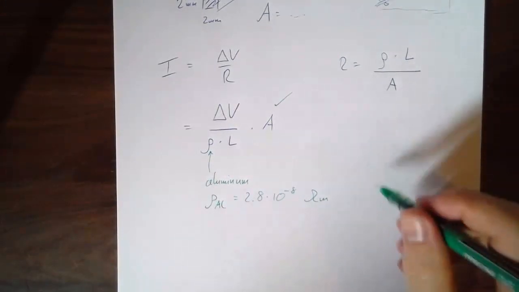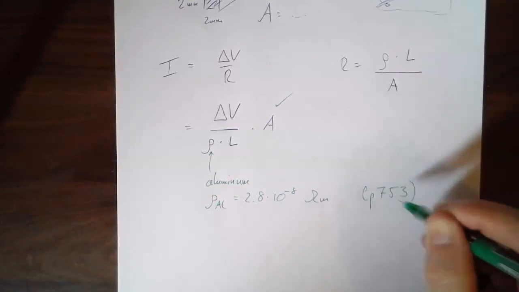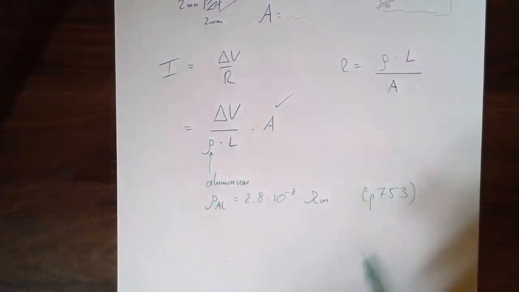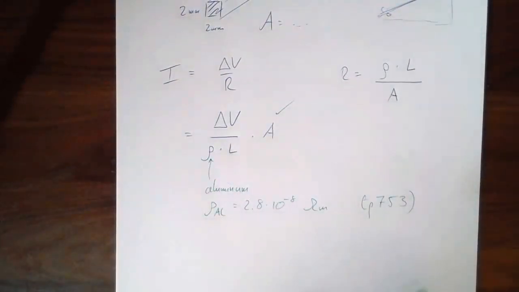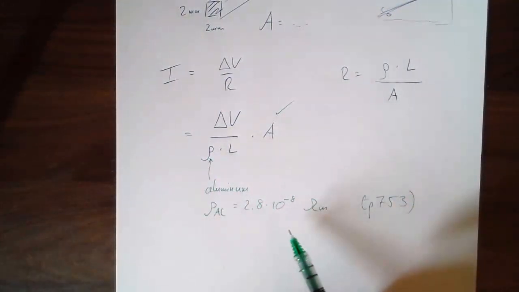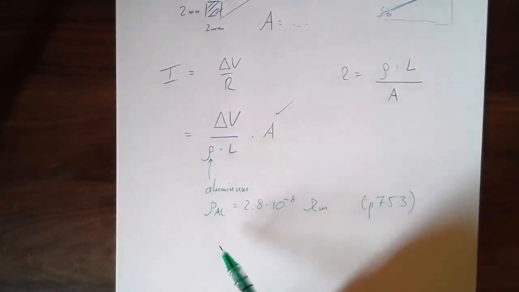And that's on page 753 in the textbook, if you have the 4th edition. So that's something you know. In an exam, of course, you'd be told what the resistivity of, say, aluminum is.